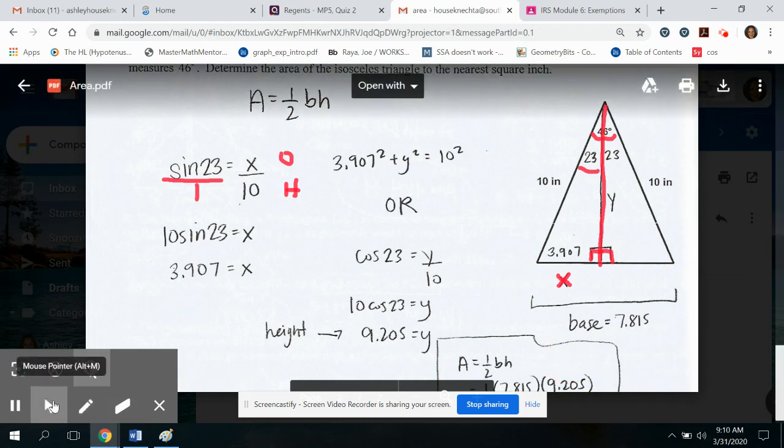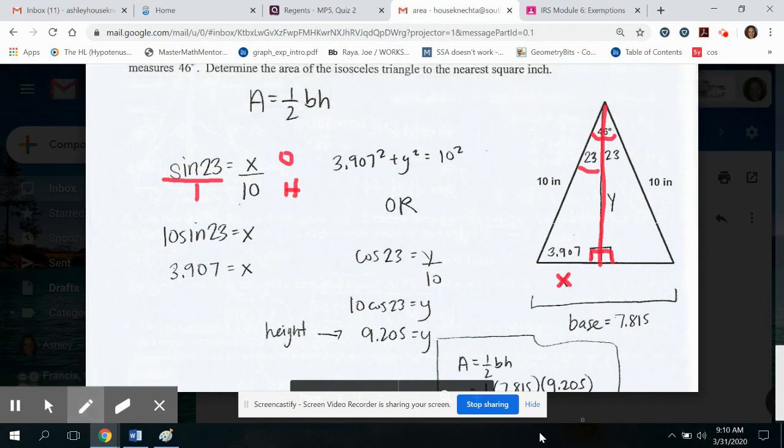This got cut off, unfortunately, but all I did, I'll scroll down here. Oh, can't move any further. All I did is 1/2. I'll write it down up here. So area equals 1/2, the base was 7.815, and then the height happened to be 9.205.